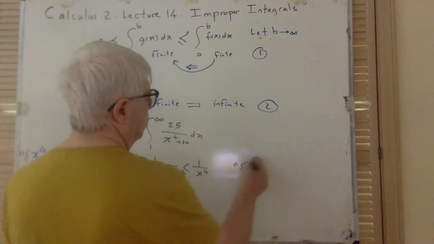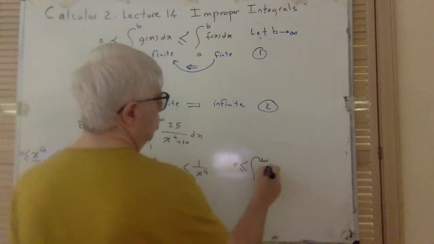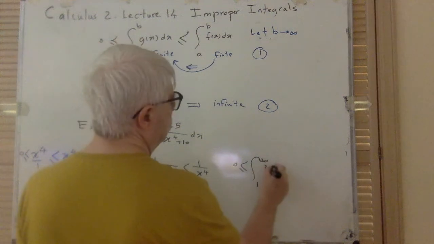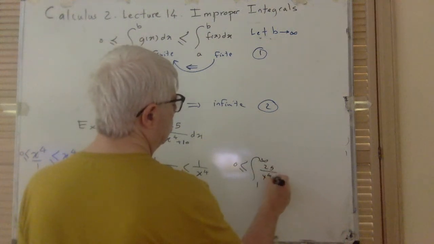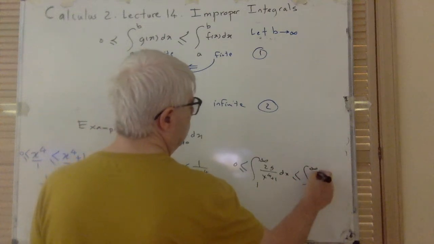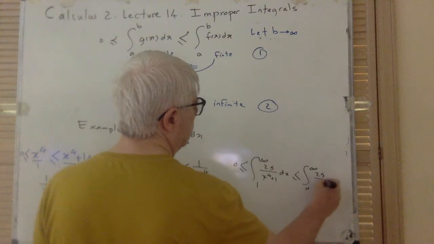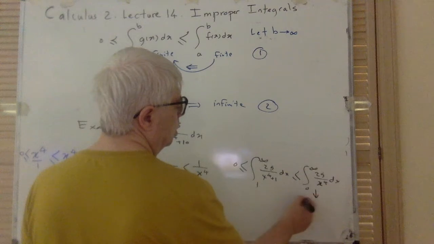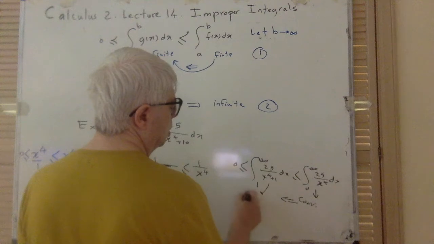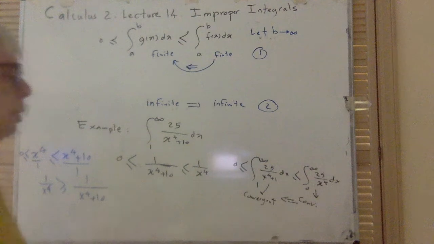So the integral of 25 over x^4 plus 1 dx, well, 25 doesn't change anything, is less than the integral from 1 to infinity of, say, 25 over x^4 dx. Right? And this is convergent, so it implies that this is convergent. So convergent gives me convergent.